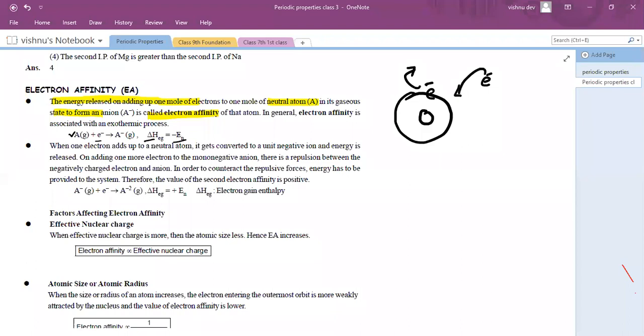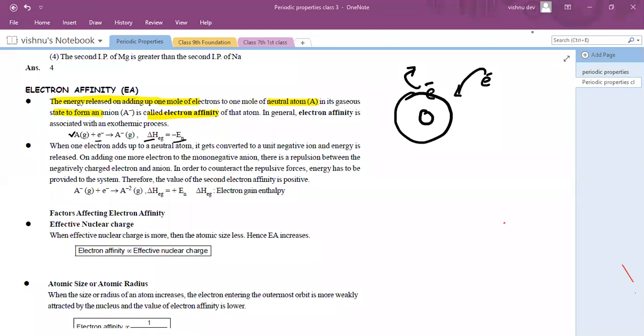Now, as I said, instead of writing energy released, it's better to say energy change, because in some cases energy is absorbed. For example, in case of inert gases, because the inert gas is already fulfilled, it is not easy to add an electron.